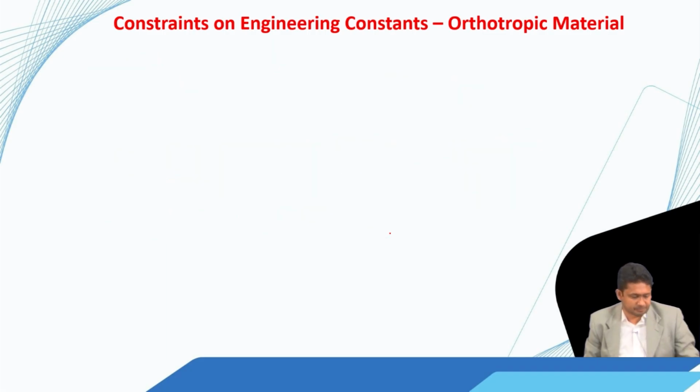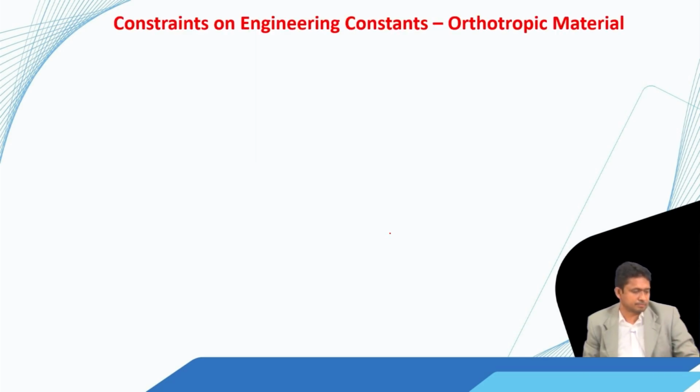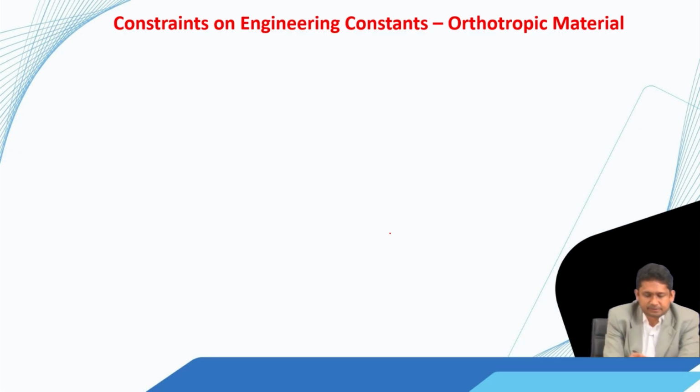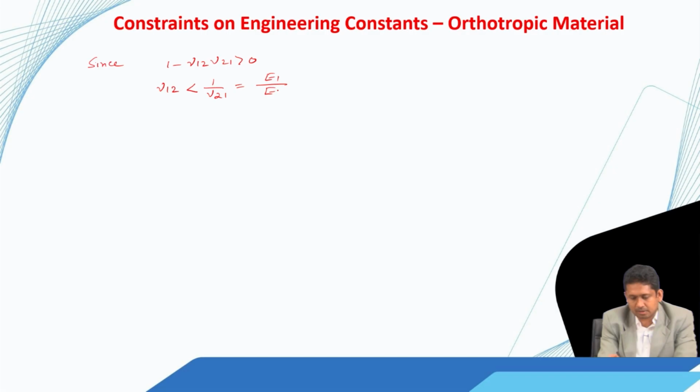Now, we can get some more constraints, because 1 minus nu12 nu21 is greater than 0. This tells me that nu12 nu21 is less than 1, and we know from the relation between nu12 and nu21 that nu21 is E2 by E1 multiplied by nu12.